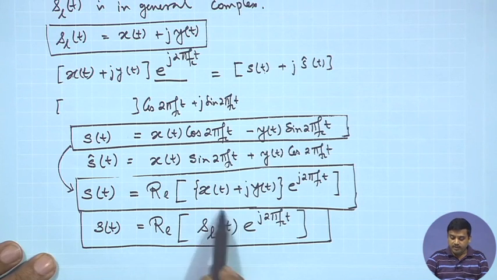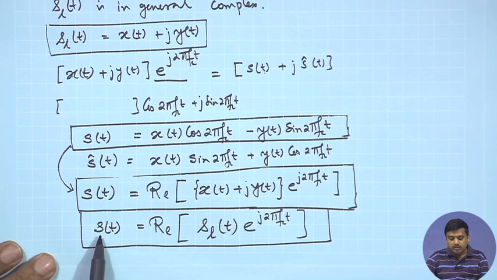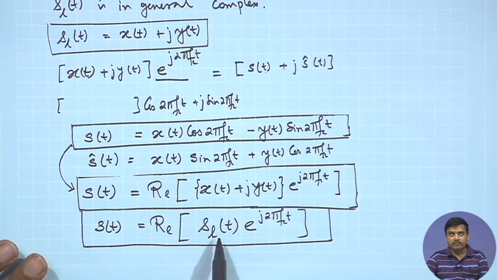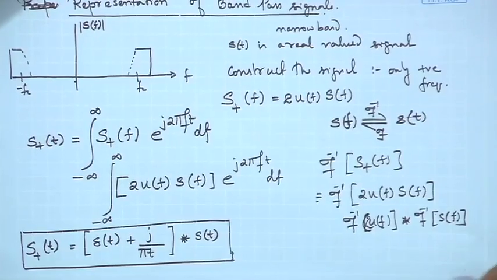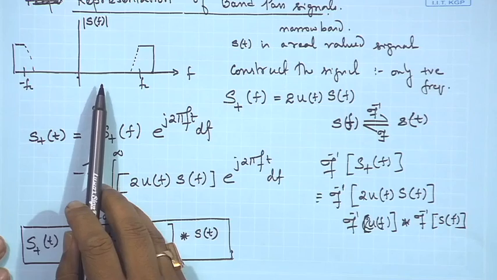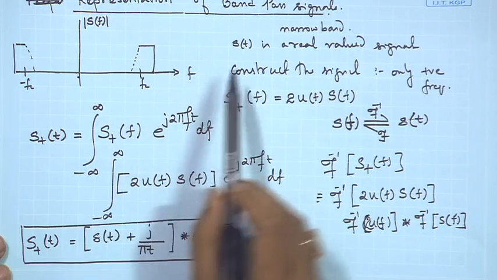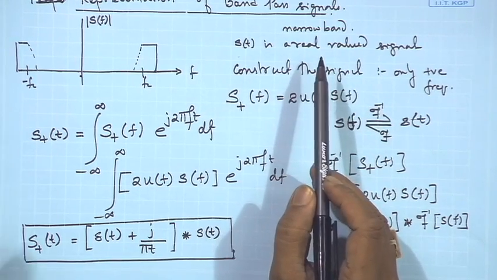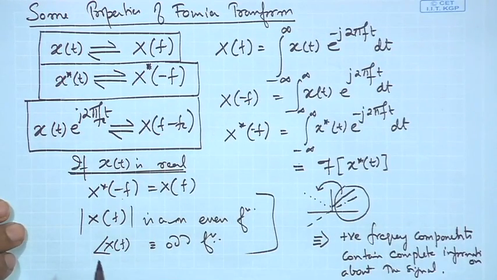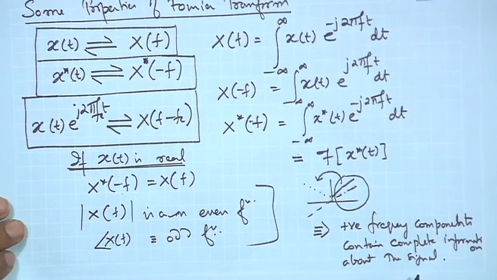So, that means, if I have a low pass equivalent signal, then I could relate to the passband through this, and we have arrived at a formal method of representation of the passband signal from its equivalent low pass representation. We started at a point where we said let S t be a real valued signal, and based on our Fourier relationships which we had established, for a real valued signal only the positive set of frequencies contain the complete information.